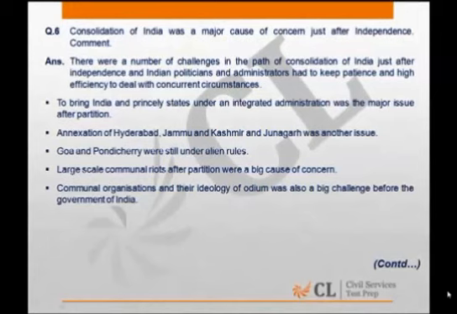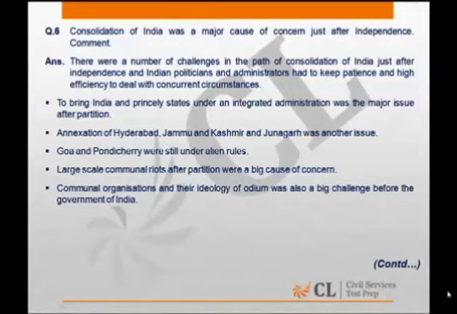Okay friends, now to come to question number 6. Again an analytical question from Indian history. Consolidation of India was a major cause of concern just after independence. Comment. So here, what would be the synopsis of the question?